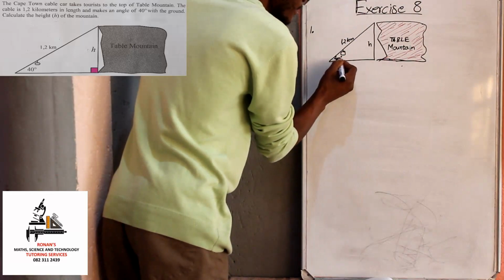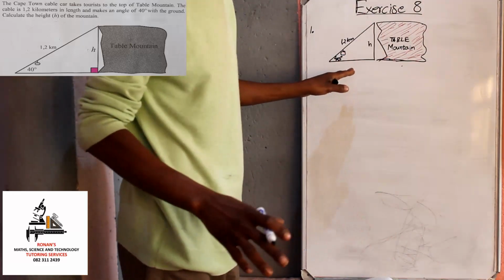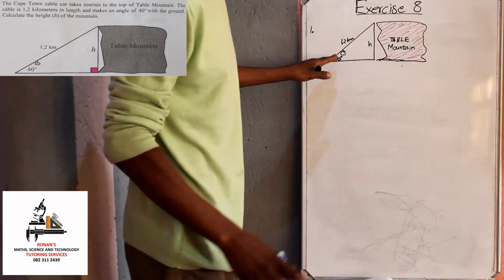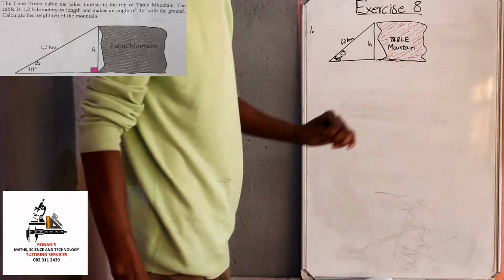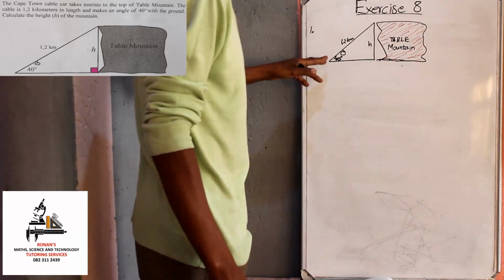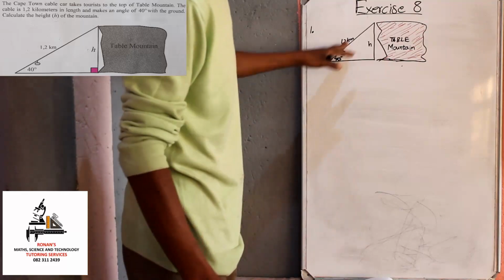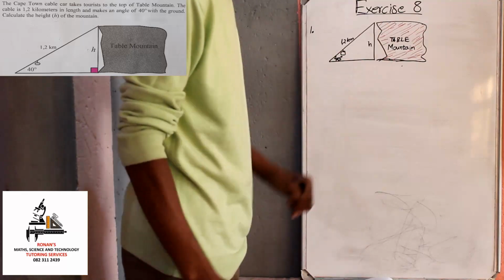So I guess this is the safety angle, the appropriate angle in order to be able to pull the car up to the mountain. And we're told that the length of the cable is 1.2 kilometers to the top of the table.